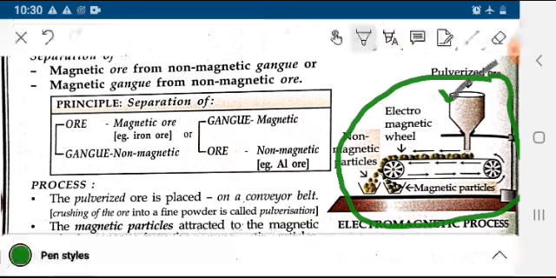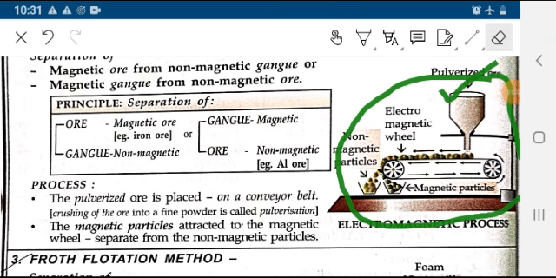Here pulverized ore is placed and the wheels are moving on, and the crushed ore is passed. This crushed ore will move on with the belt, and the magnetic and non-magnetic particles get separated on the basis of their magnetic behavior.